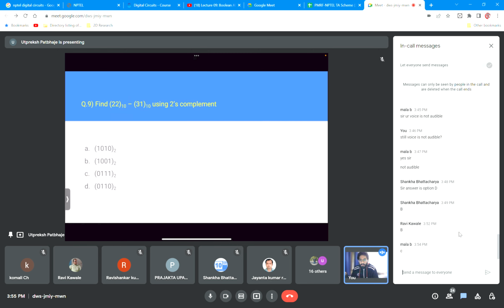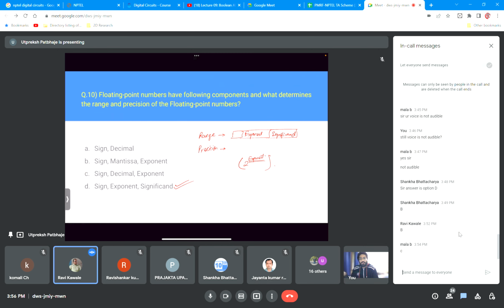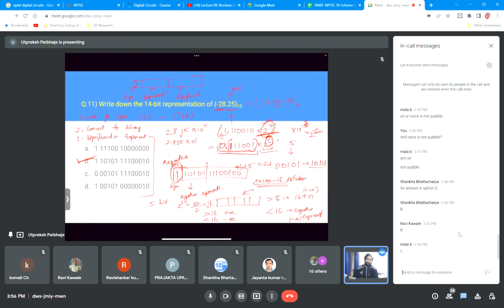Now moving on. Okay, I think this is the same problem. Then this we have already solved. So yeah, floating point is a big part of this week's studies. So floating point, I hope to everybody floating point is clear. If anybody is having any doubt in floating point, that we can discuss now, because I think we are running out of time.